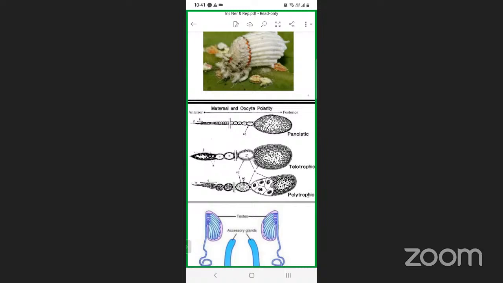So when we see the spermatheca, in most insects there is usually a single bag-like structure associated with the common oviduct, where the sperms are stored prior to fertilization.